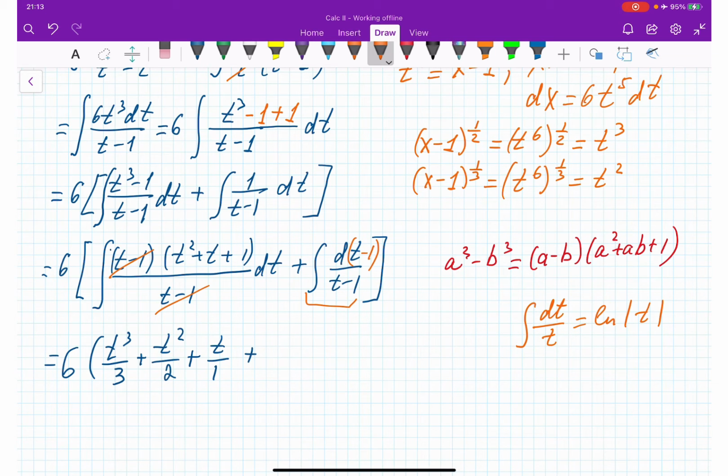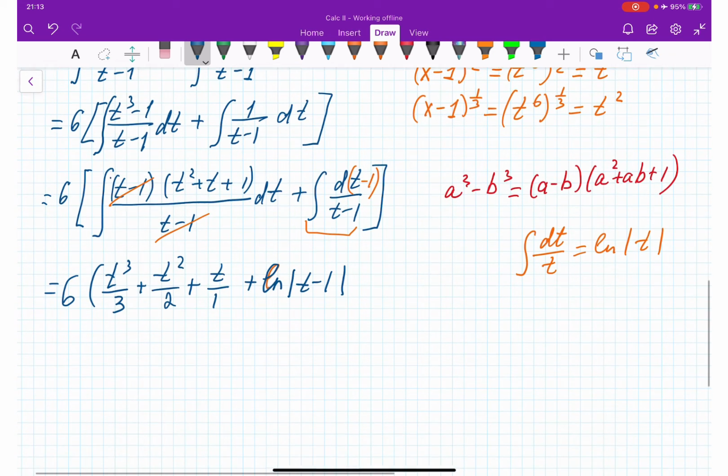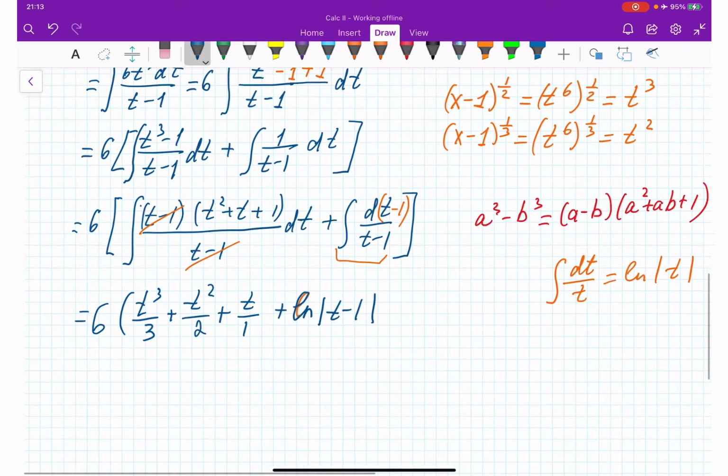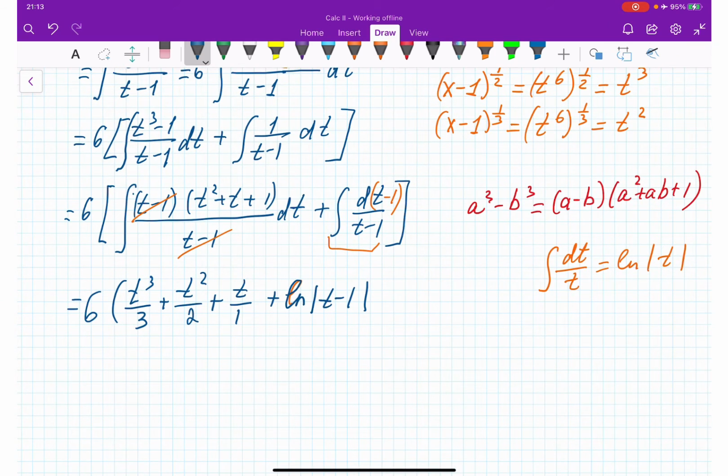So I'm making the form for the integral. I can take out natural log of t minus 1.